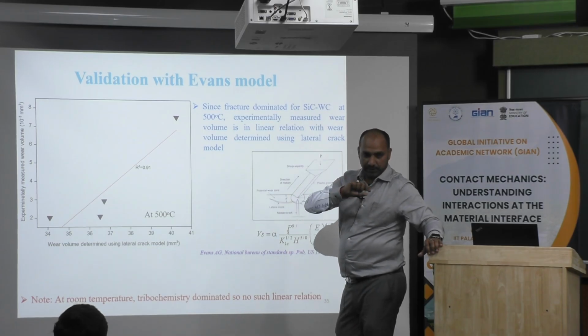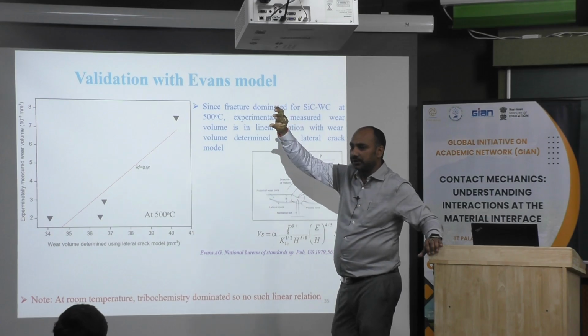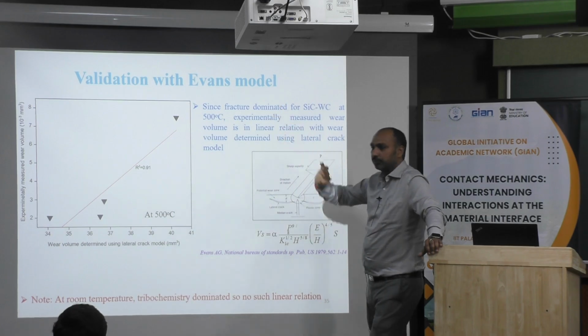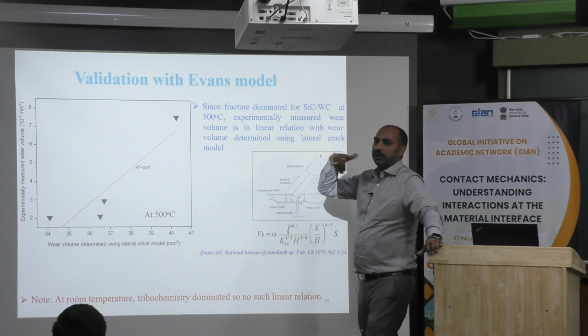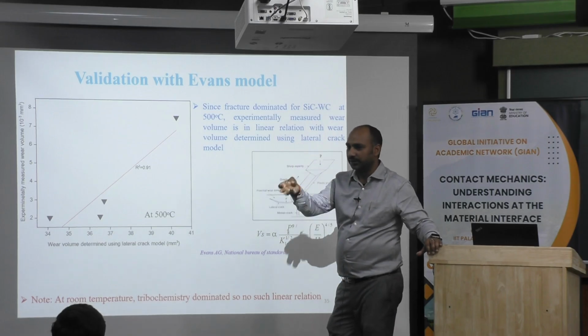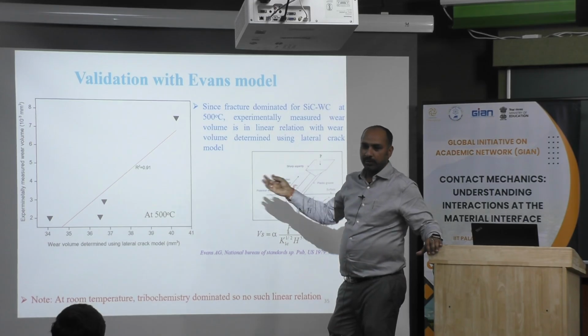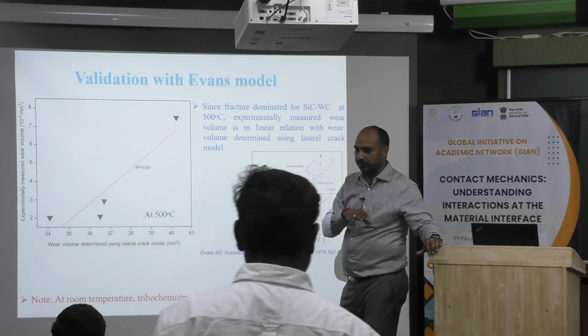If we are getting values at this particular rate of change, the same we get once we perform the experiment. But this validation is for once a model is proposed; it is only on the basis of E, H, all those values. If you go for experiments, we have to go with a different number of variables.